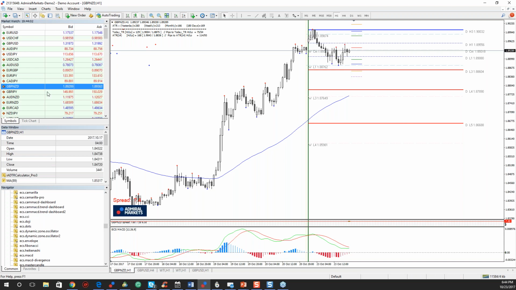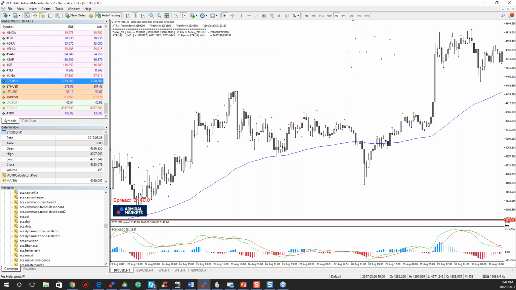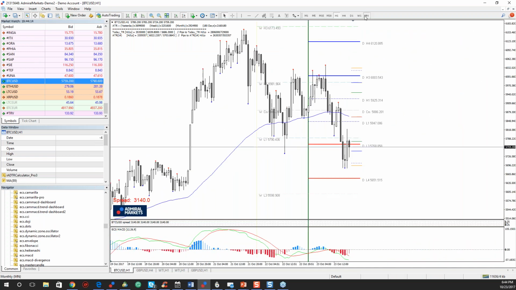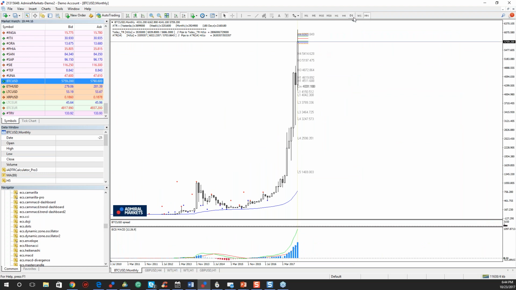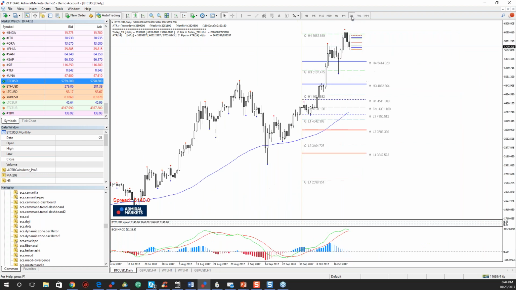Now the question: will Bitcoin start to weaken? Let's see now the Bitcoin. Will it start a retracement? I'm not into trading that much, but this is a big upside.